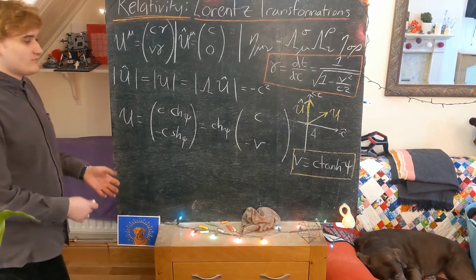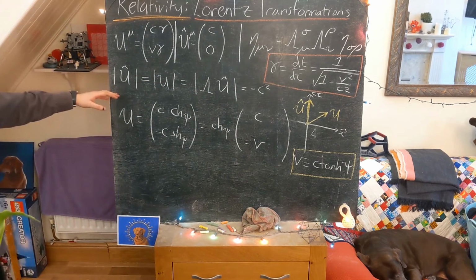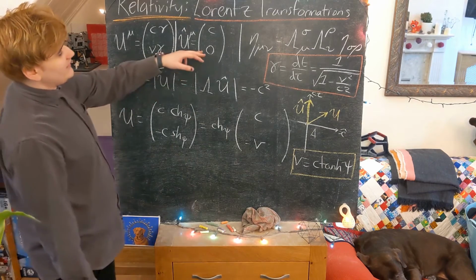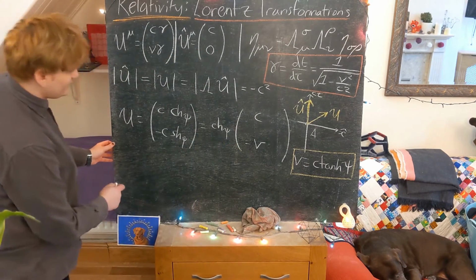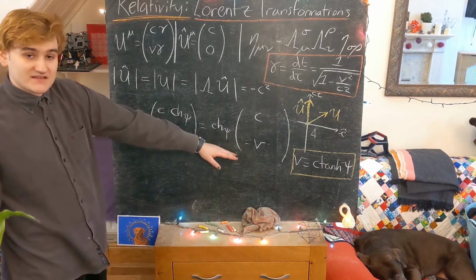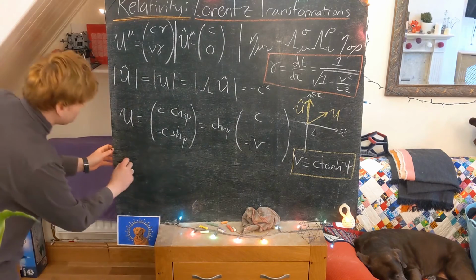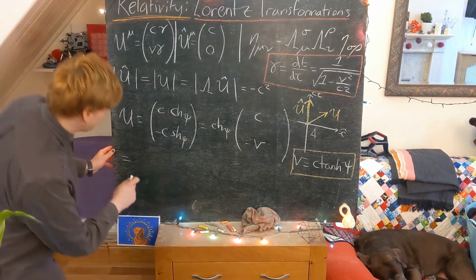If you now remember, I'm going to use my normalization technique to compare the length in the rest frame and the boosted frame. And I'm simply going to compute the length of this vector in the boosted frame. So it's going to be minus the first component squared.